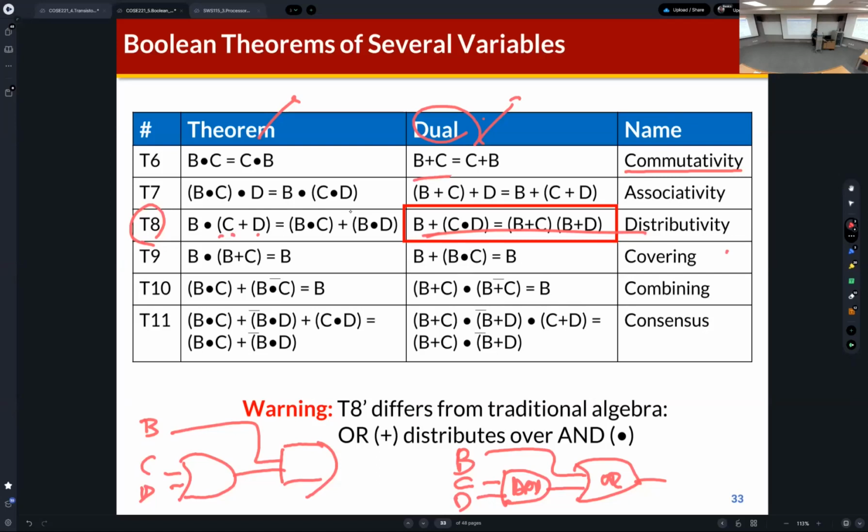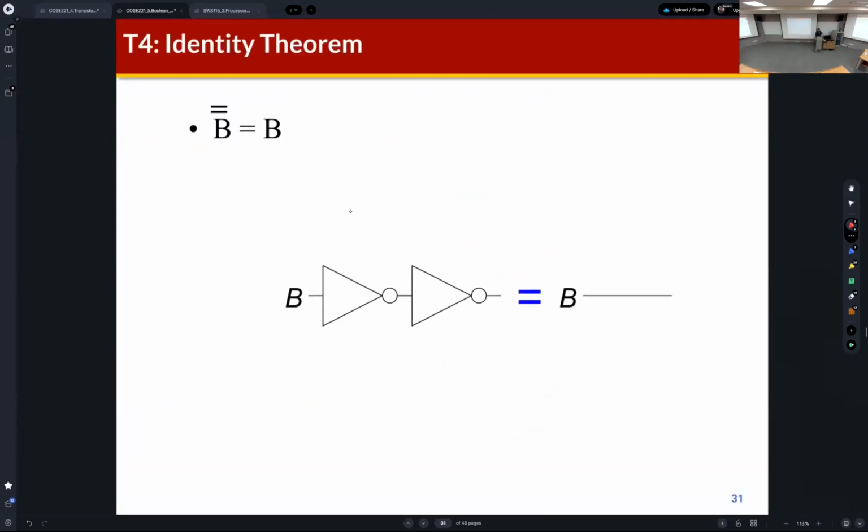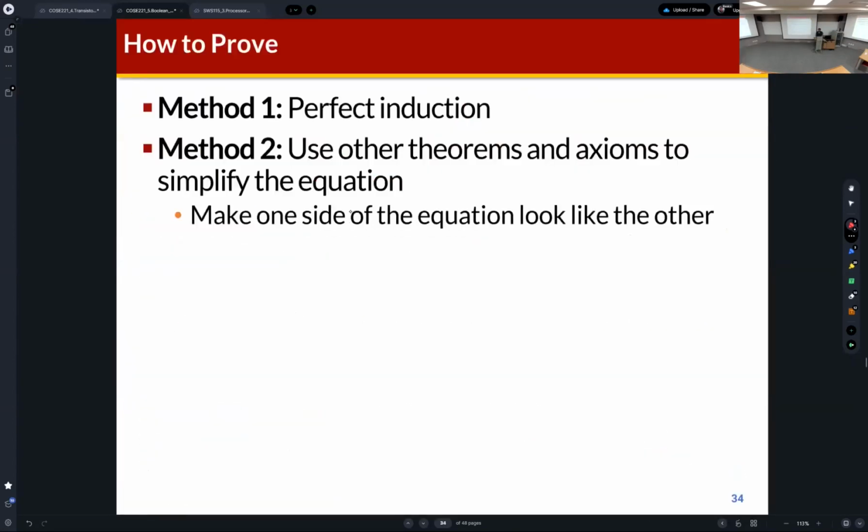So actually, we will prove these theorems later. Okay. Also, unlike the very basic theorems from T1 to T5, sometimes in order to understand how these theorems are true, we need to prove that these theorems are actually true.